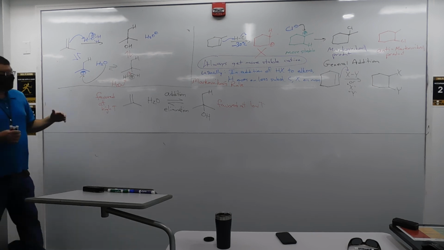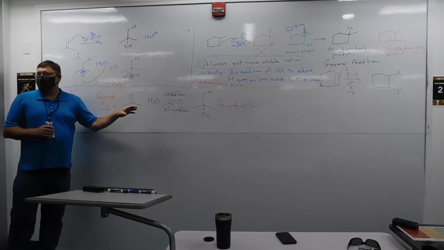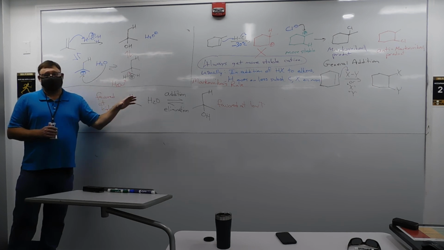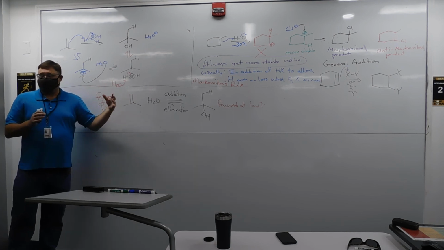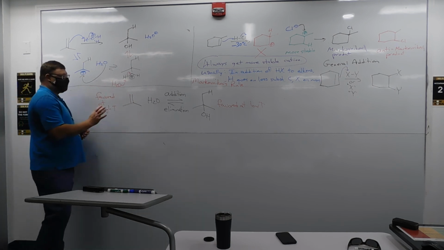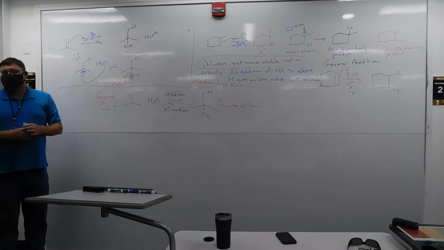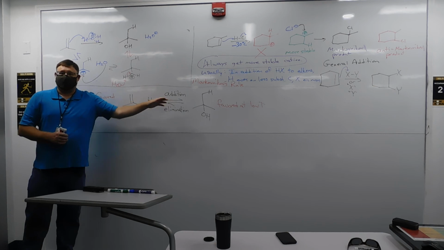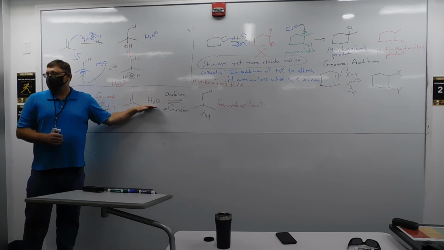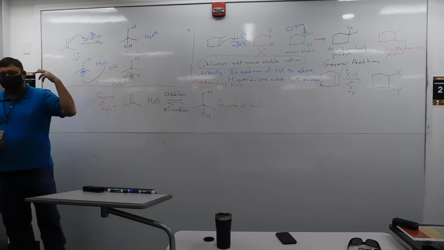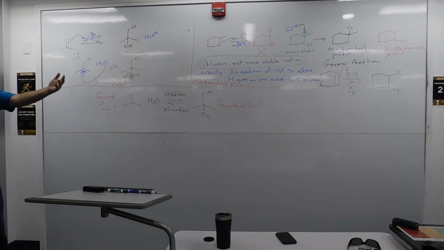And what he found is if you perturb an equilibrium, the equilibrium will shift to recover from that, right? So if we have this equilibrium and we flood this with water, we add a whole bunch of water, the reaction will shift toward the right. It'll shift away from the water. Likewise, if we pull water out, the reaction will shift to make water, okay?